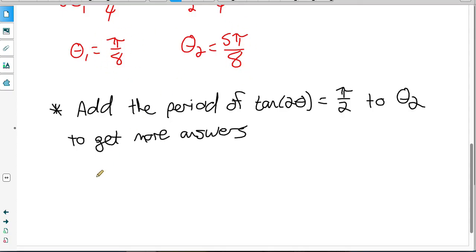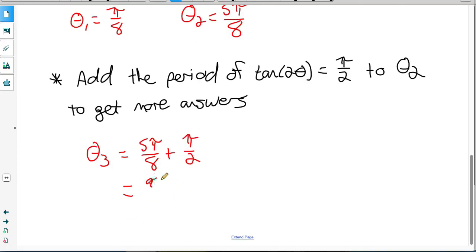So let's calculate theta 3 by doing 5 pi over 8 plus the period of the tan of 2 theta function, so plus pi over 2. And that gives me 5 pi over 8 plus 4 pi over 8. It gives me 9 pi over 8. And if I want theta 4, I can just take theta 3 and add the period, pi over 2.